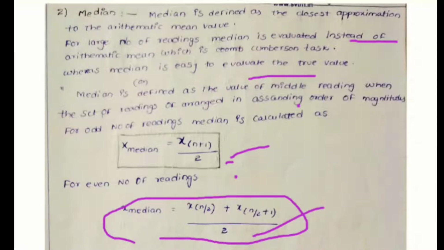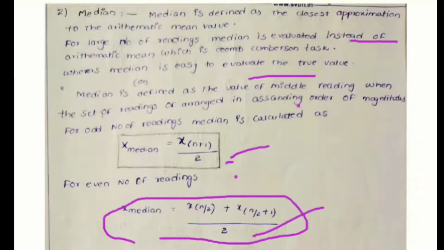For 20 readings, which is an even number, we take the 10th and 11th values and their average gives the median. By this method we can reduce random errors, or this is one of the methods to analyze the random error.